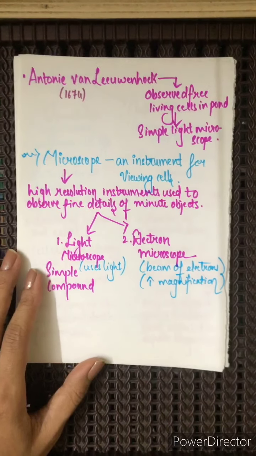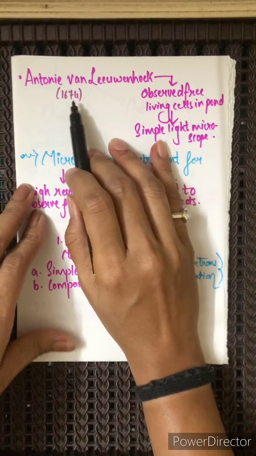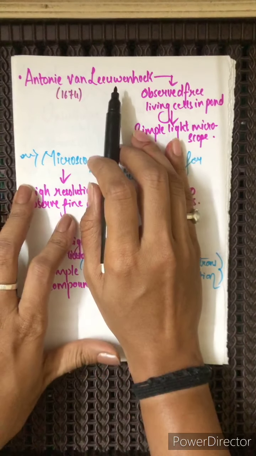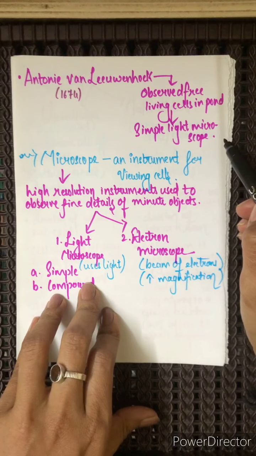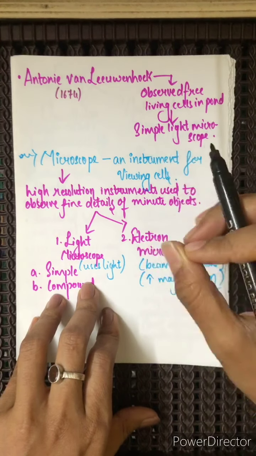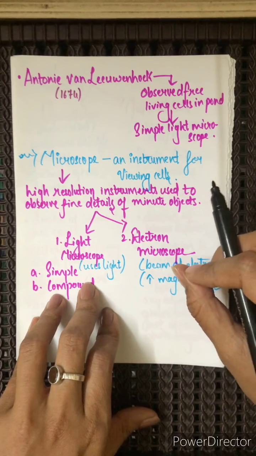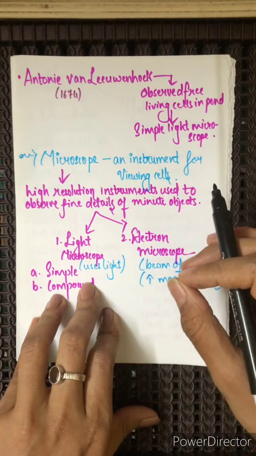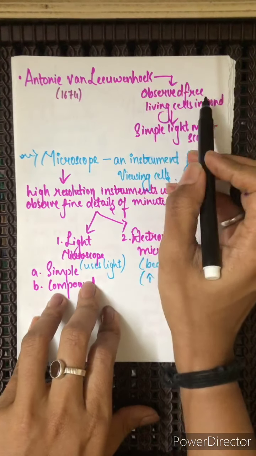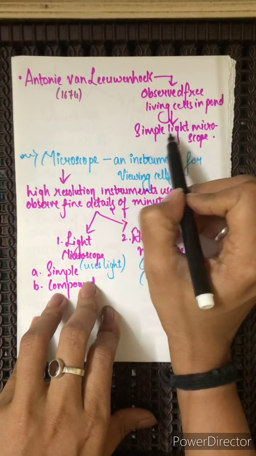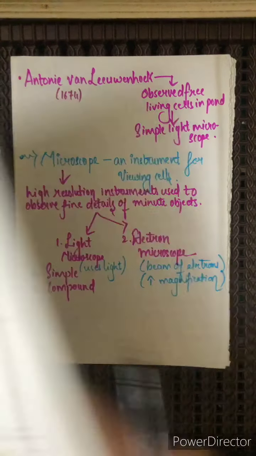Now talking about the next one, Anton van Leeuwenhoek. In the year 1674, Leeuwenhoek observed the free-living cells in a pond. So the dead cell was first discovered by Robert Hooke, but the living cell was first viewed by Leeuwenhoek, who used his simple light microscope, which was also discovered by himself, and which looks something like this.